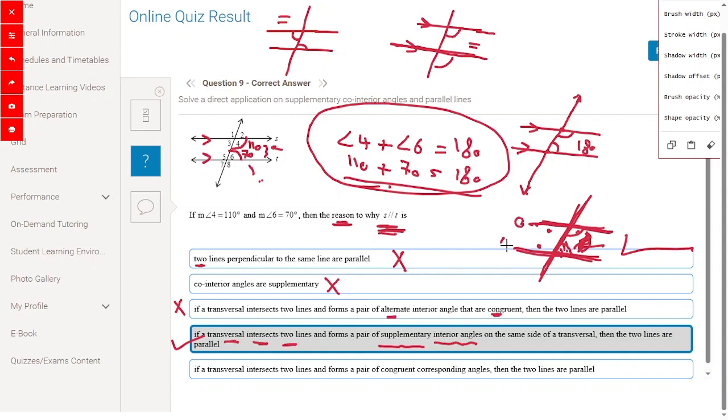So that means these two lines are parallel. So this is the right answer. The other one can be right, but actually we are talking about two interior angles on the same side of the transversal. Okay.